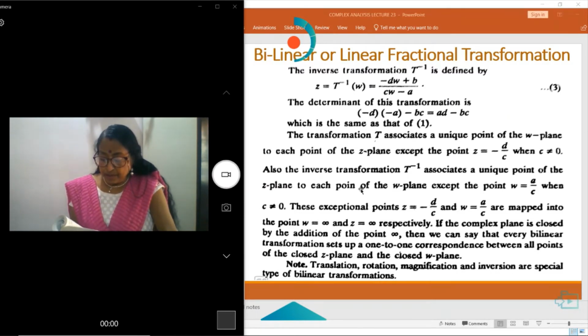Note: translation, rotation, magnification, and inversion are special types of bilinear transformation.